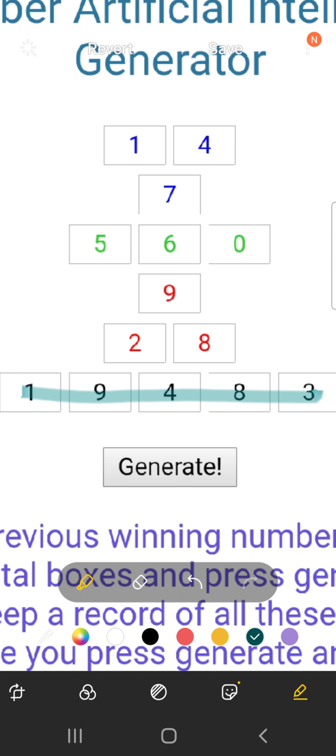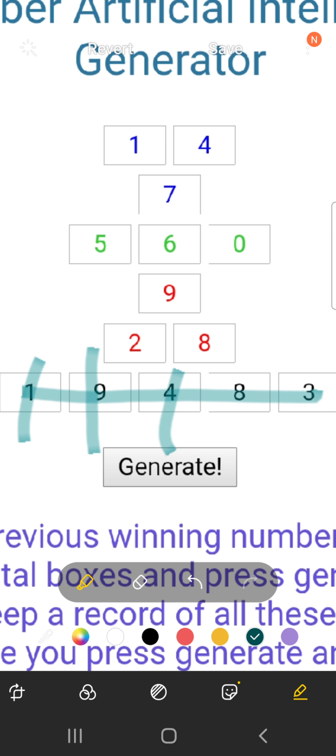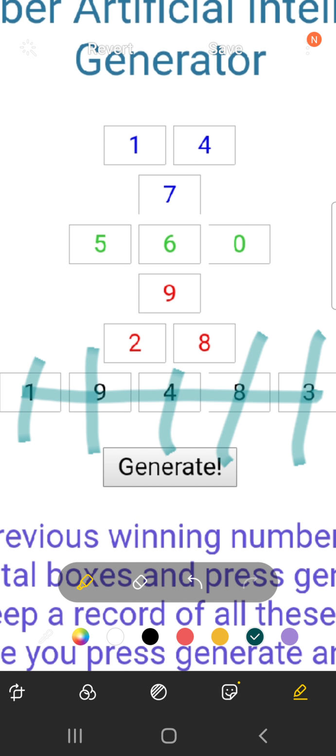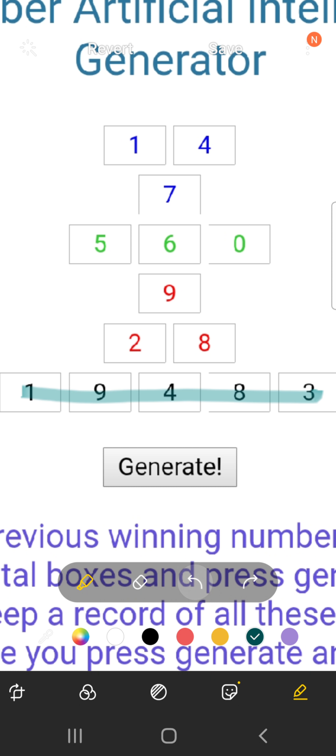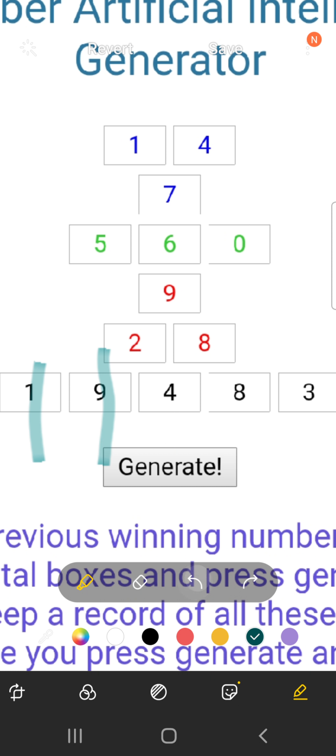So we could get 980, we could get 9809, 9804, 9808, 9803. So let's write them down. Well, you don't have to write them down, but 9801, 9809, 9804, 9808, 9803. Let's see if we could get any of those, right?